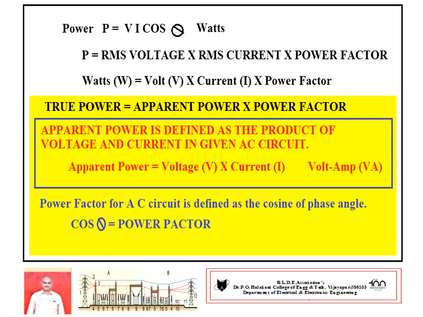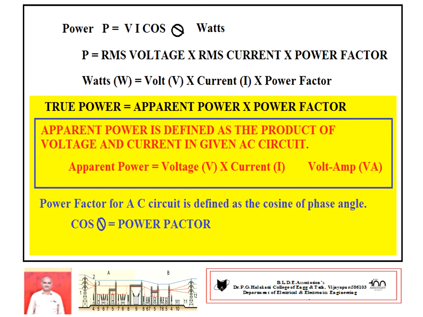Then what is the apparent power? It is the product of V into I, the product of the RMS value of voltage and the RMS value of current in a given circuit. V into I is measured in volt ampere, denoted as VA.